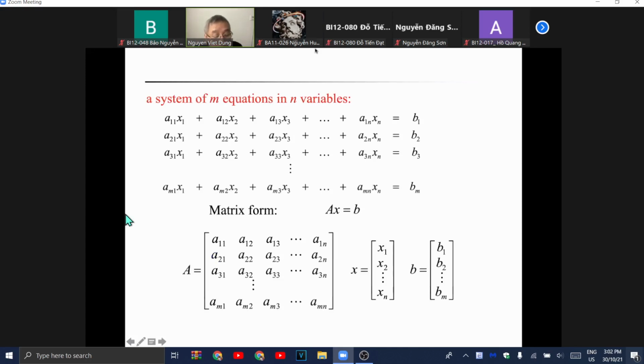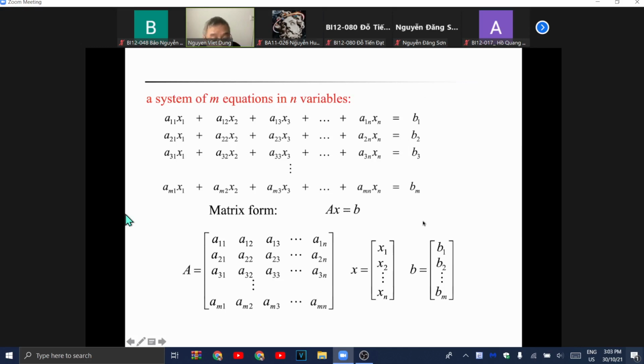Now with that, a system of m equations like that can be written as only one single equation, a matrix form equation. Here, A is the coefficient matrix, X is the column of unknowns or variables, and B is the column of the right hand side.